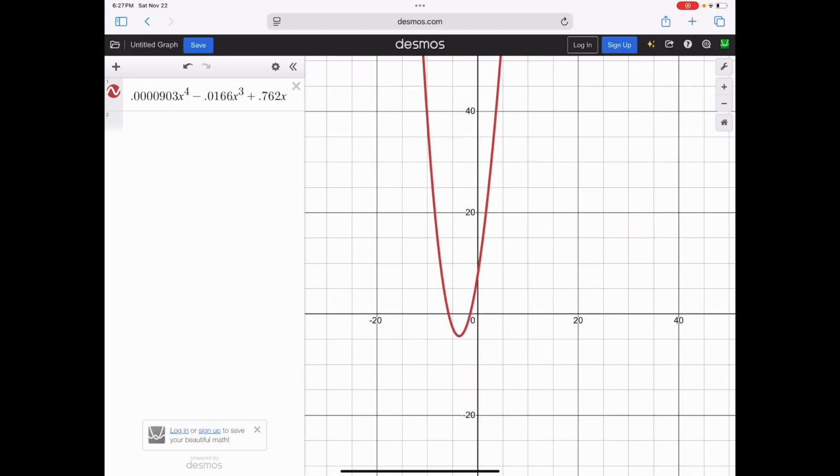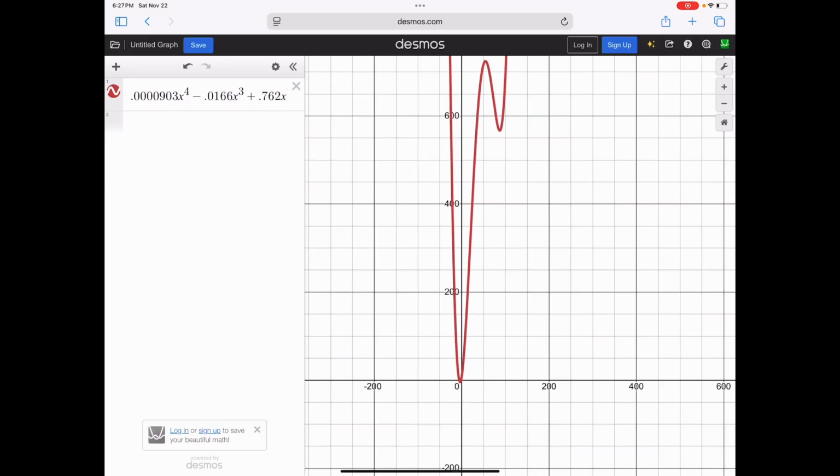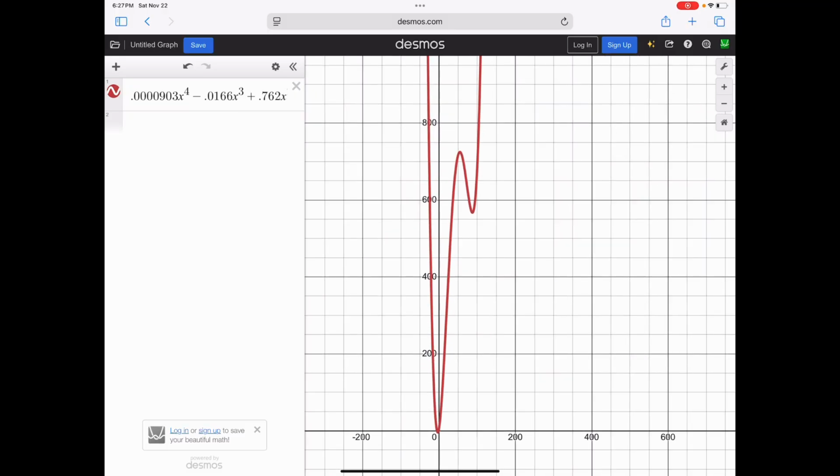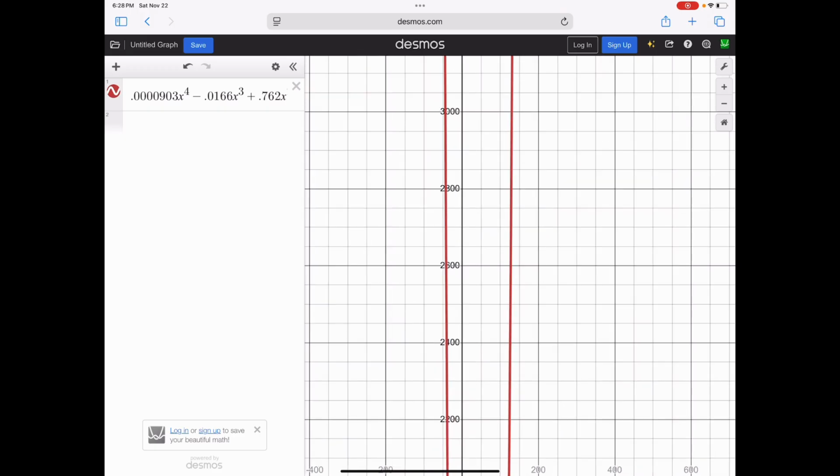And as I zoom out, you can see that at a certain point, it does turn again. You can see there it goes up to this point right there, and then it turns back downward, and then to this point, and then it goes back upward again. And that should be the last place it turns. If I zoom further up, it doesn't look like it's going to turn anymore.